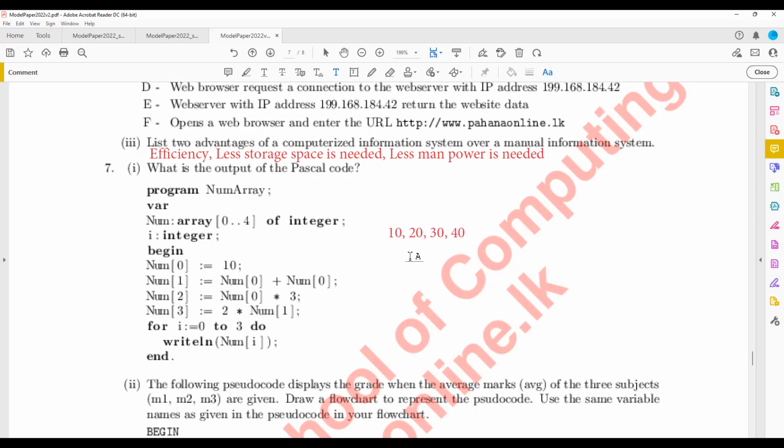So that's easy, right? The first one is 10, then 10 plus 10 is 20, then 10 times 3 is 30, then 2 times 20 is 40. Although we define 5 places from 0 to 4, it displays only values from 0 to 3, so we don't get any issue.